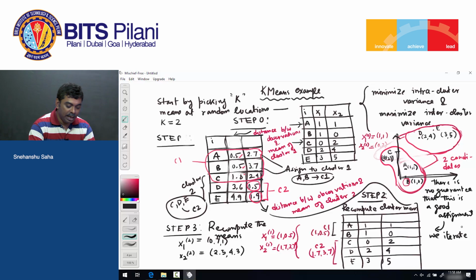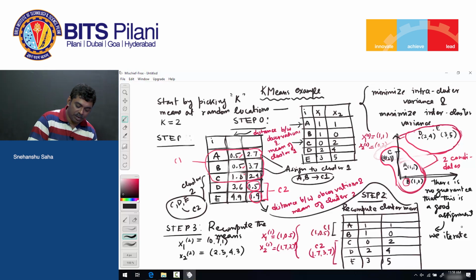If you see no change in the organization of the data points, that is, cluster 1 still contains the points A, B, and C, and cluster 2 still contains the points D and E, then no further reorganization is necessary, and you have the points optimally allocated to the 2 clusters, and that's where you stop.